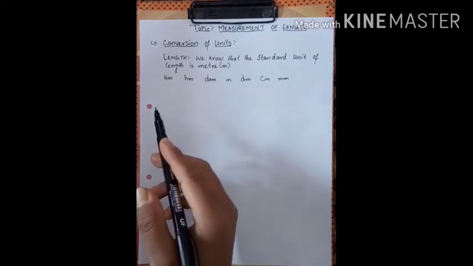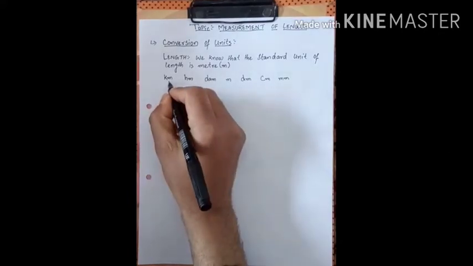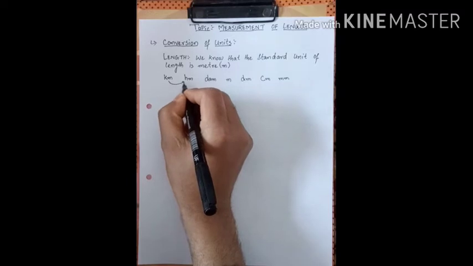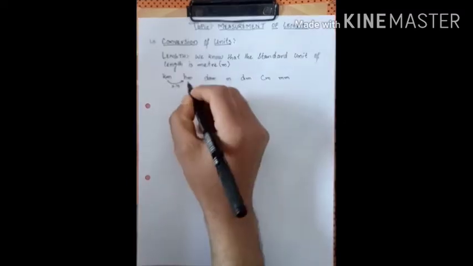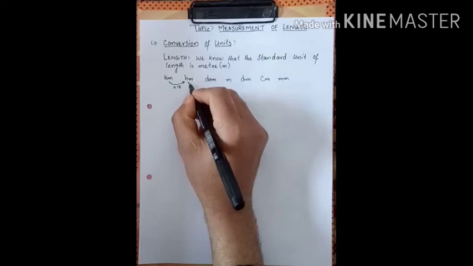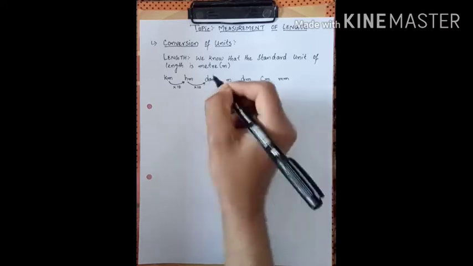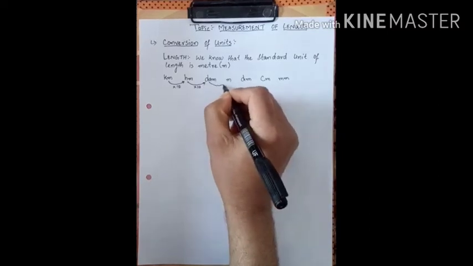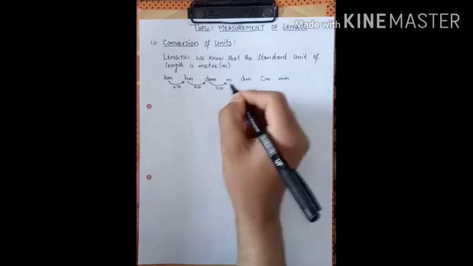Now keep in mind, when we move from higher to lower units we always multiply, and in every step we multiply 10. That is, when we move from kilometer to hectometer we multiply 10. Similarly, from hectometer to decameter, we multiply 10, and for decameter to meter, multiply 10.